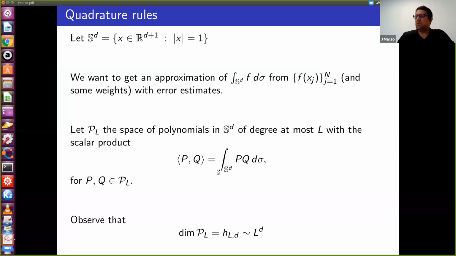It can be shown that the dimension of this space, which I will call HL, dropping the D, is of order L to the power D. For example, in S2, HL is (L+1) squared.